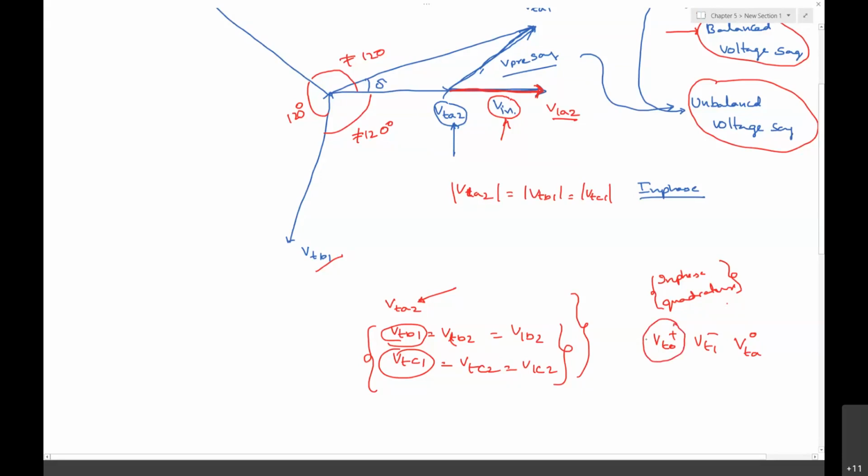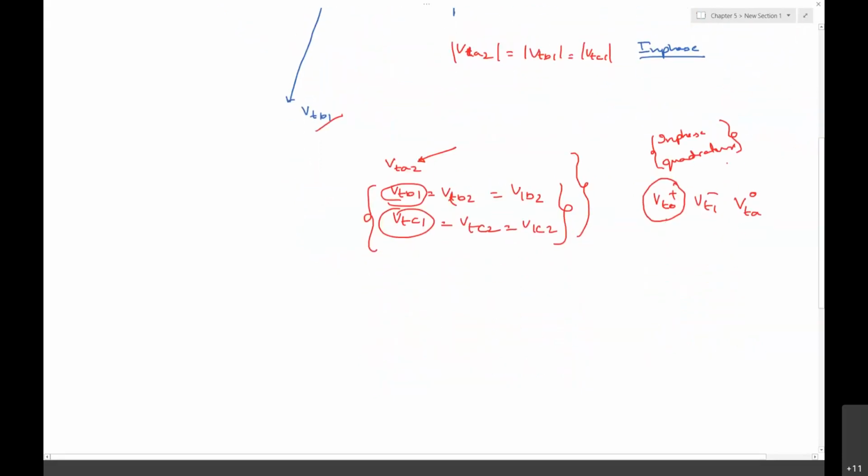With respect to the positive sequence voltage, the phasor looks this way. I'm just showing how the positive sequence voltage phasor looks: VTA positive, VTB positive sequence, and VTC positive sequence.